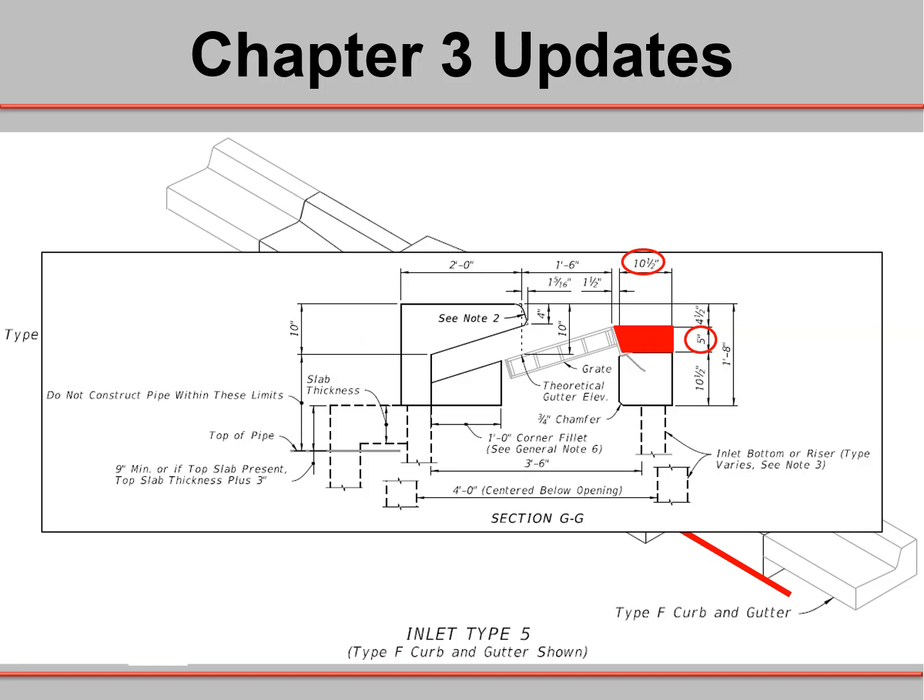So again, the contractor is capable of constructing around this type of inlet, and if your drainage engineer says that a Type 5, 6, 9, or 10 inlet is the absolute only option for your project due to some specific conditions, then they can be used, but you will need to include a detail in your plans to tell the contractor how to construct around these areas.